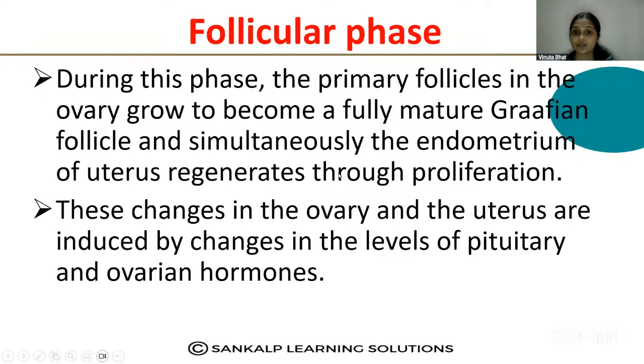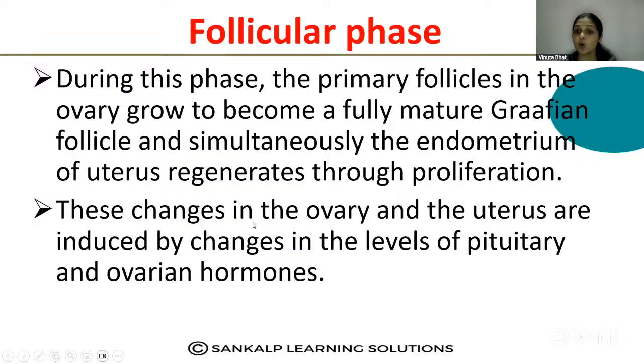During the follicular phase, the primary follicles in the ovary, which are halted in the first meiotic division, start growing and become mature Graafian follicles, and the endometrium of the uterus regenerates through proliferation.